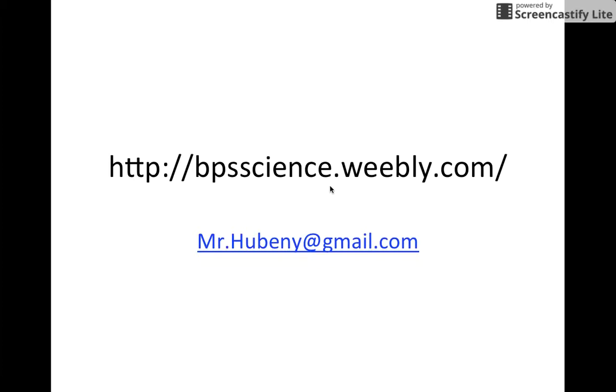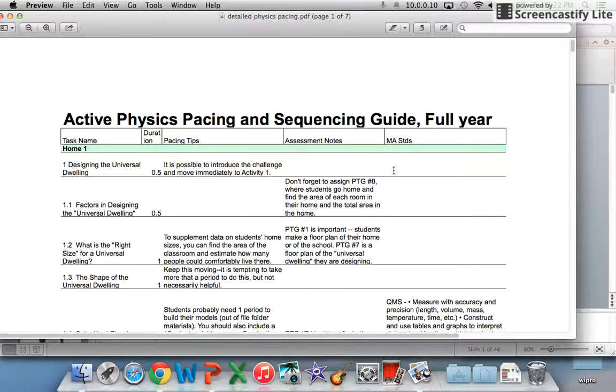So if you're teaching out of the older edition, you're going to have to go to the Weebly and get the email and contact either Pam, Holly, or myself, and we will send you the older pacing guide and the older detailed pacing guide, which is extremely helpful. It gives a little notes, as I went over in the overview video. So just a little reminder, you're going to need the older pacing guide to go through this.